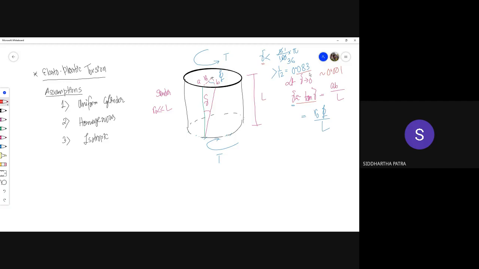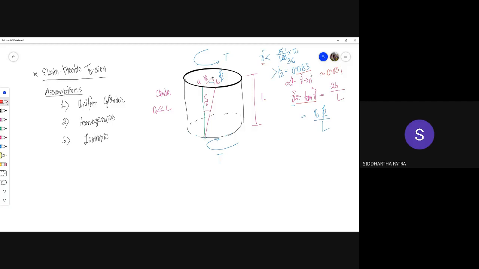So in terms of strain, when you treat gamma, the shear angle, as shear strain, that essentially is not quite the small strain. So the strain itself is huge, so we can use that relation in the elasticity and plasticity.